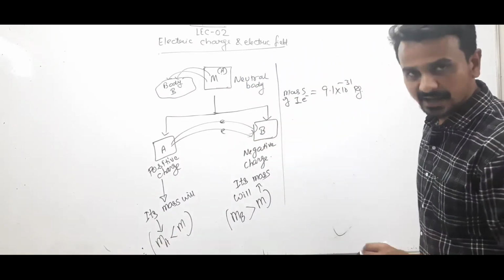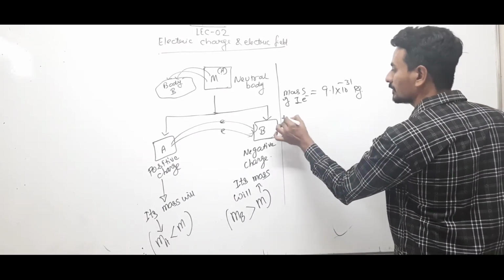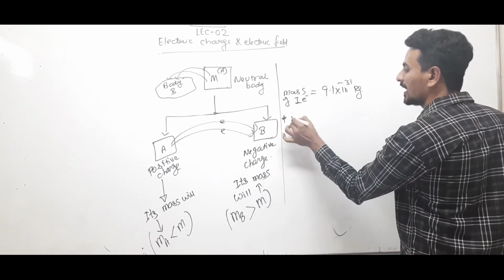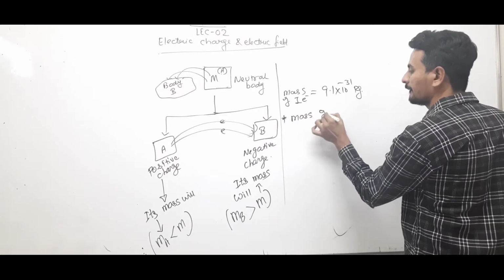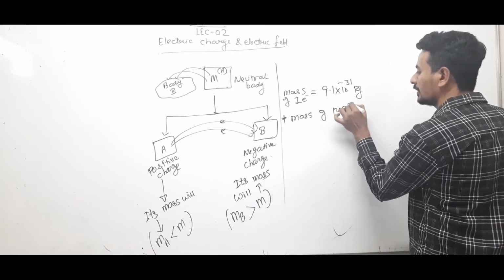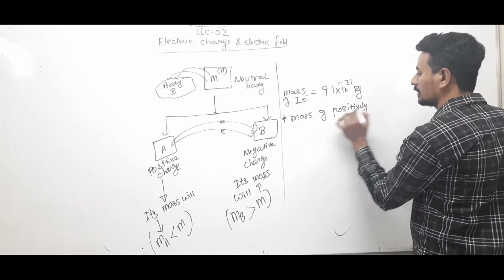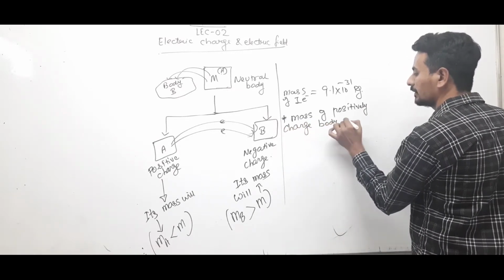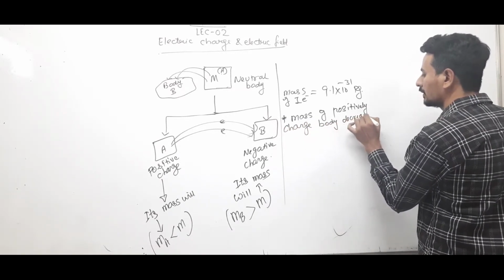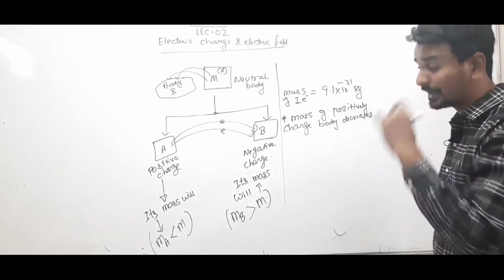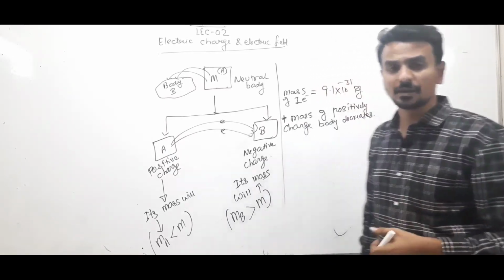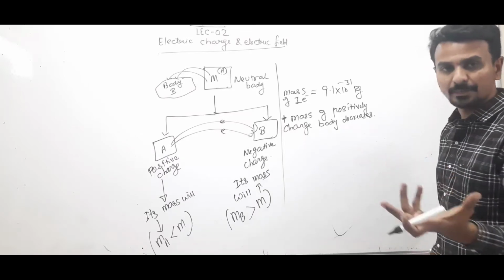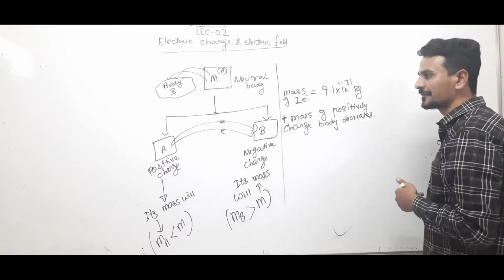This simply means that the mass of a positively charged body decreases if you are performing any process, or if you are charging the body by friction or by any means. It's not that you have to charge the body by friction only.